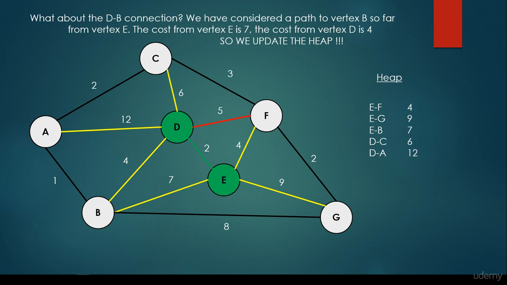So it is cheaper to go from vertex D to vertex B than from vertex E to vertex B. That's why we are going to exclude the E-B edge, because it's not the cheapest solution. So we update the heap and get rid of the E-B edge, and we add the D-B edge instead with the cost 4.